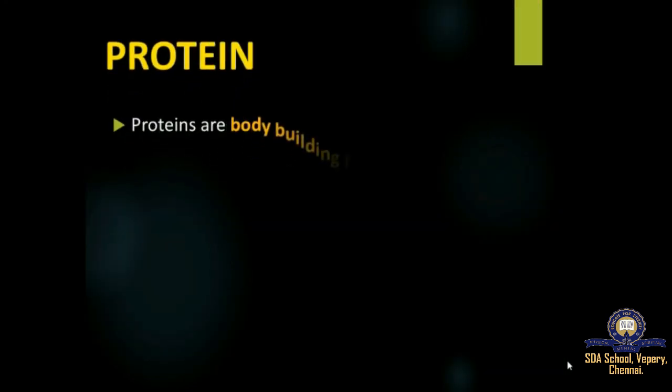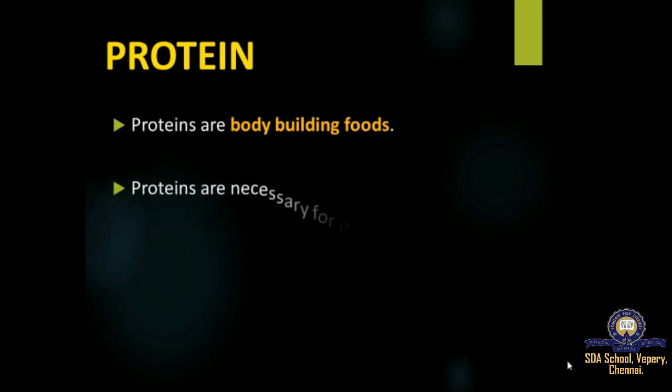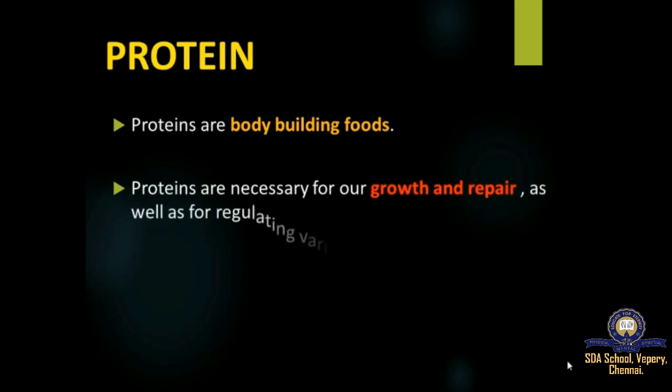And the last one we saw in today's class is proteins. Proteins are known as bodybuilding foods, and they are necessary for our growth as well as for regulating various body functions such as digestion.